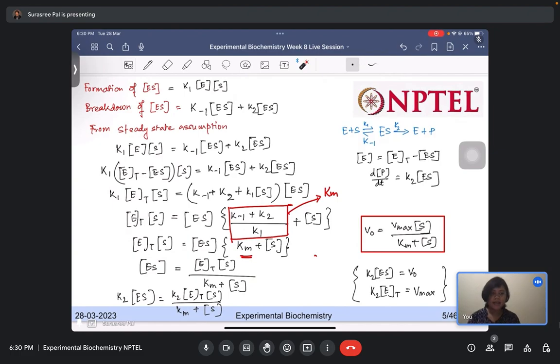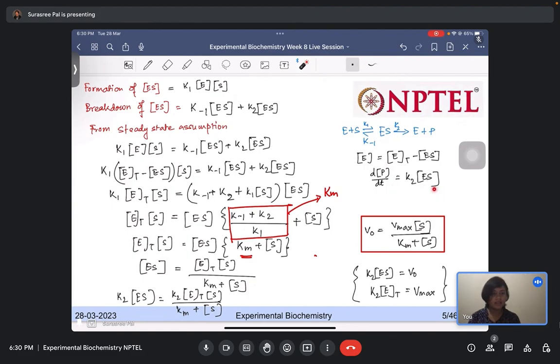Now there is another thing that we have to see here: when the product is formed, the product formation rate depends on this enzyme substrate concentration. So dP dt, the rate of change of product formation with respect to time, we can write as dP dt equals K2 into ES.